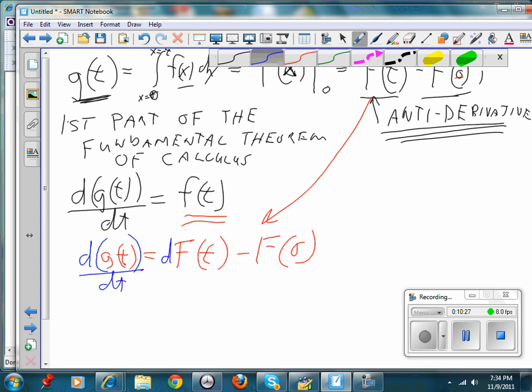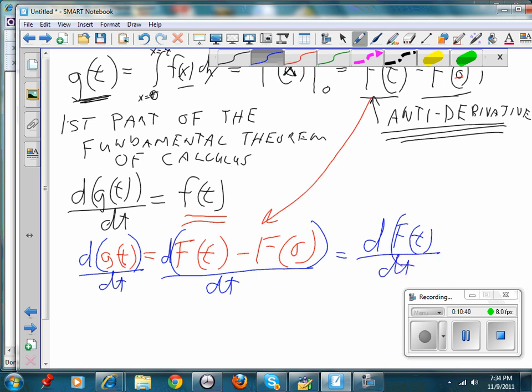I can take the derivative of both sides here, right? And I'd say, well, the derivative of big cap F of t dt minus, what's the derivative? This is a constant. So this is just 0.